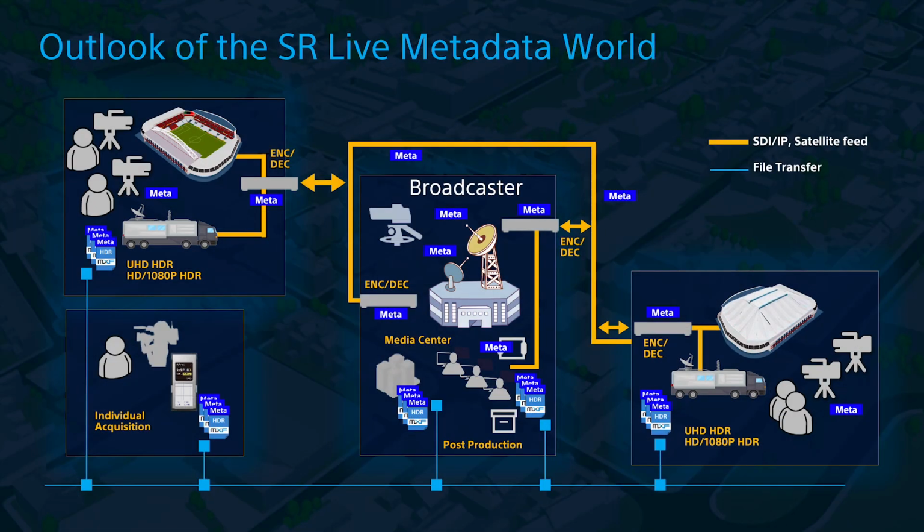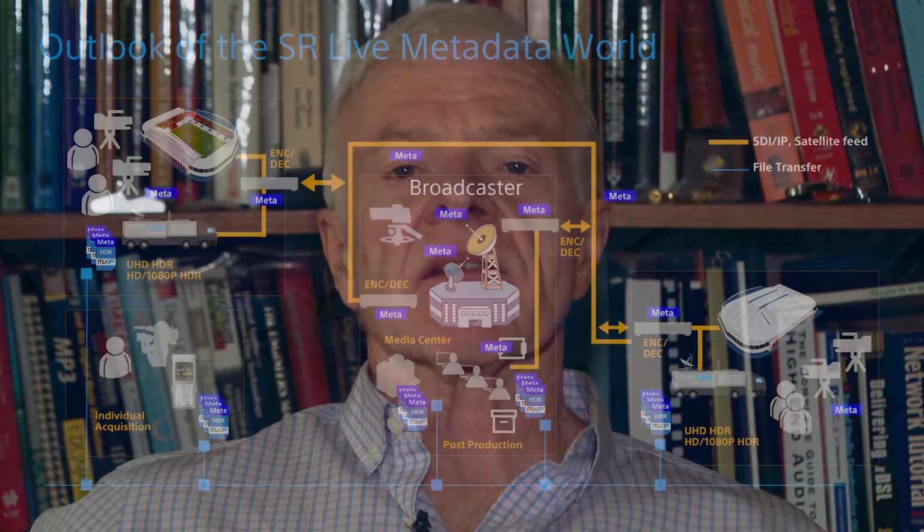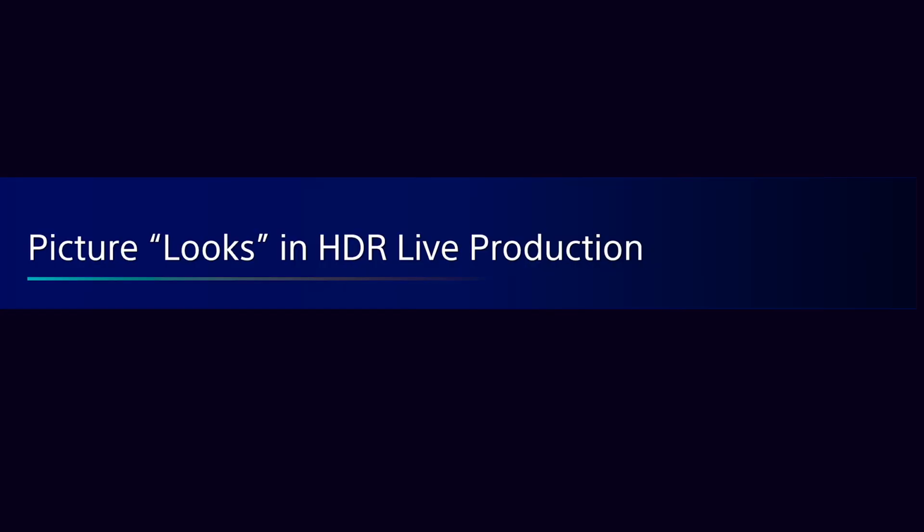We envision an SR Live metadata environment where the information can be created in remote locations and transferred to main broadcast and media centers. With this metadata, exact knowledge of the settings and adjustments of the acquisition cameras can be preserved for future post-production operations. Next, I will introduce some ideas related to picture looks in HDR live production.